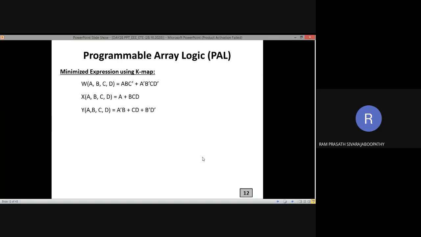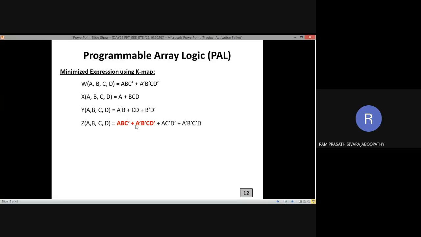For Y, it is A bar B plus CD plus B bar D bar. For Z, it is AB C bar plus A bar B bar C D bar plus A C bar D bar plus A bar B bar C bar D. The term marked in red color is nothing but your W. Clear?